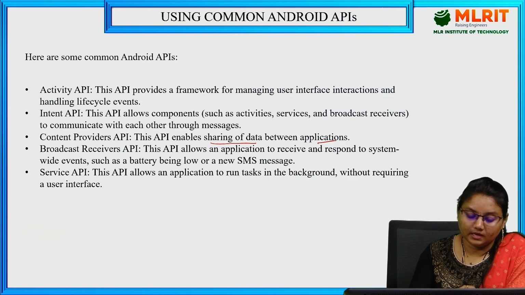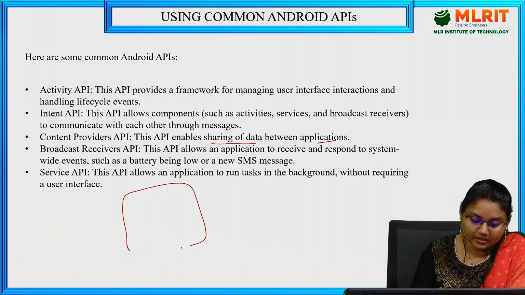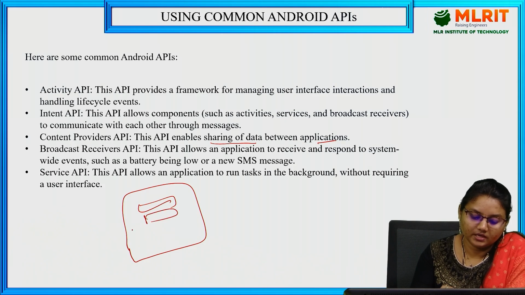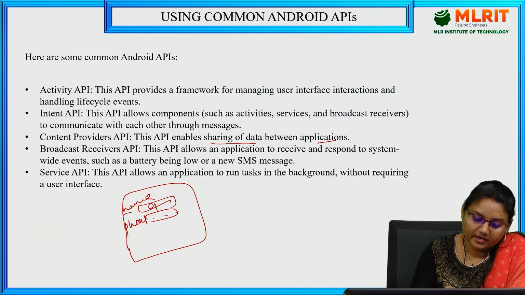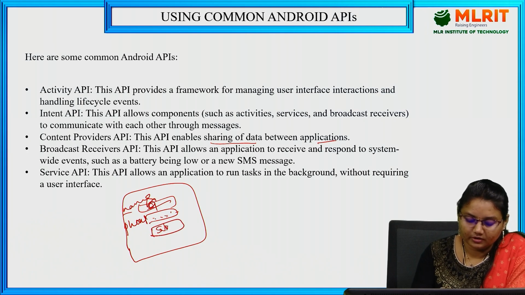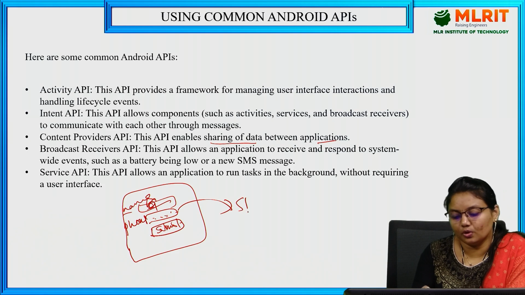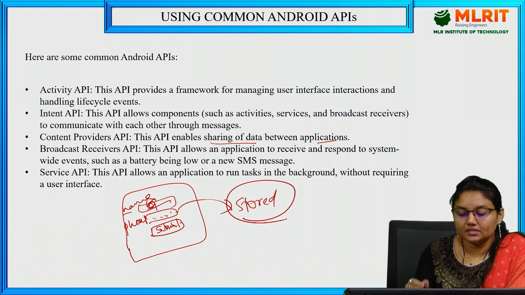Or one more example. If you have one activity where you have some registration page and they are giving their values, say their name and phone number. Everyone is giving A, some number, B, some number, C, some number. When you click on the submit button, they get stored.